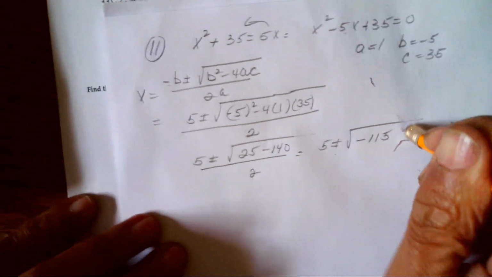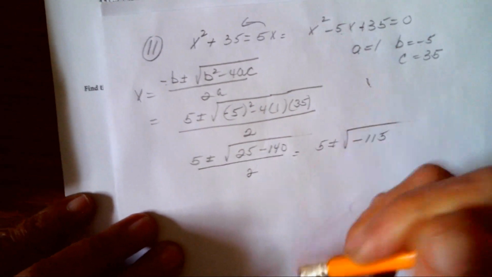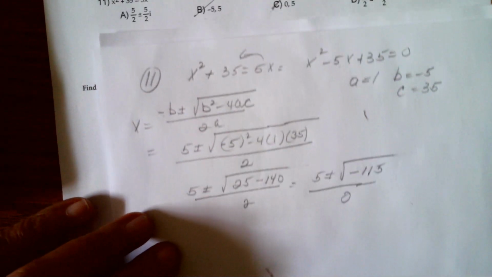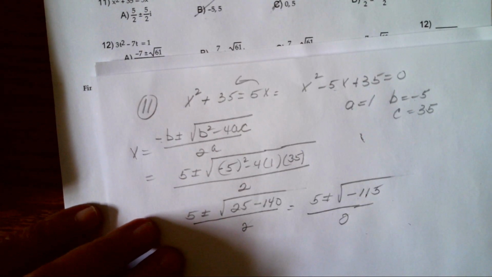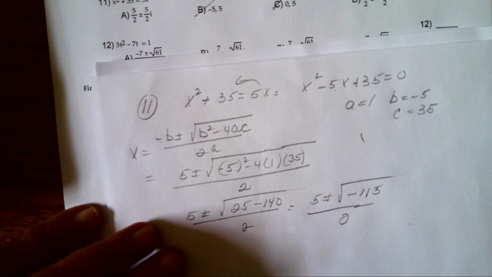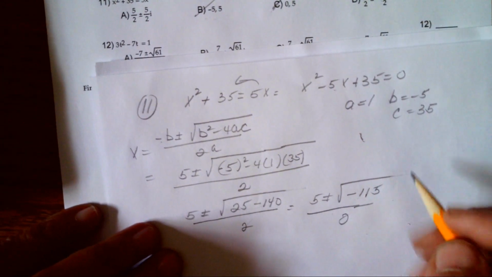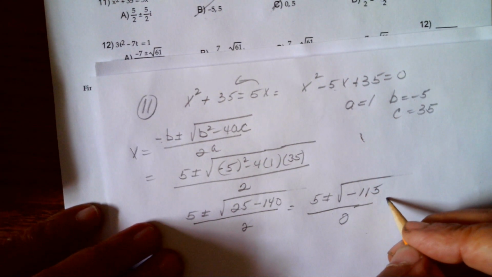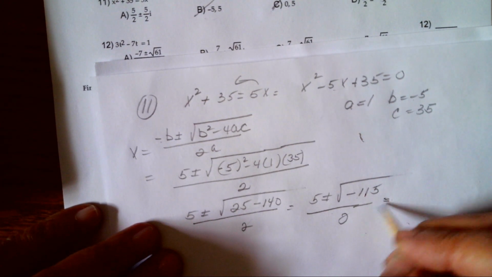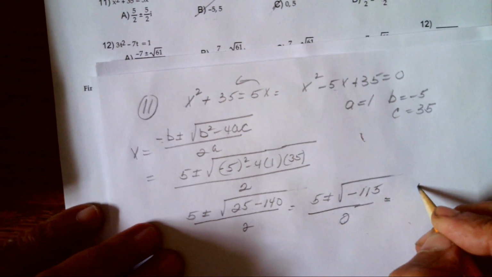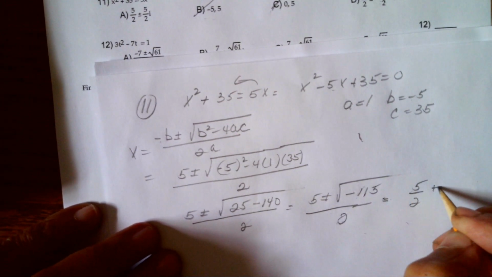And can I stop drawing that radical symbol so large? All over 2. Now, I'm going to divide both these two terms by 2. So I got 5 halves plus or minus.